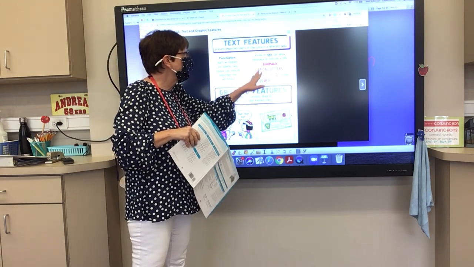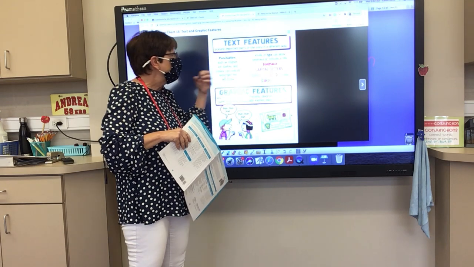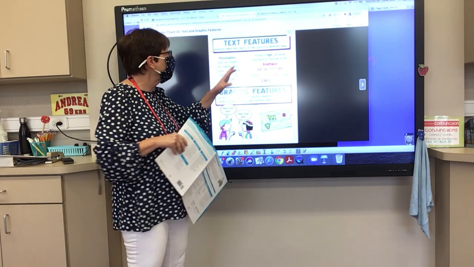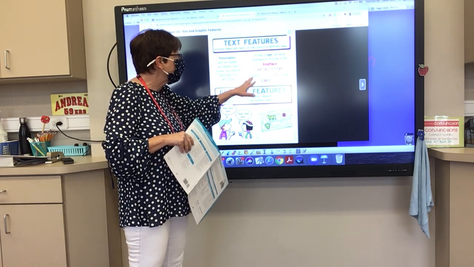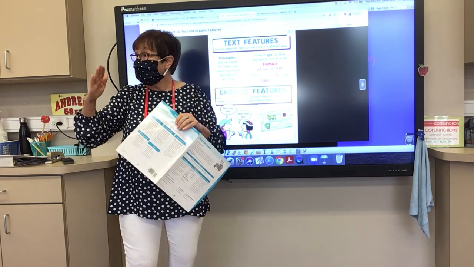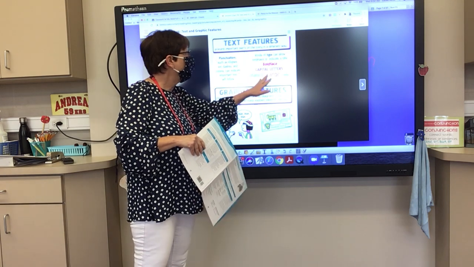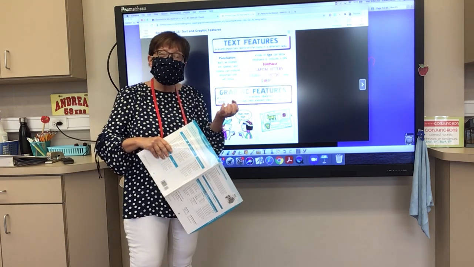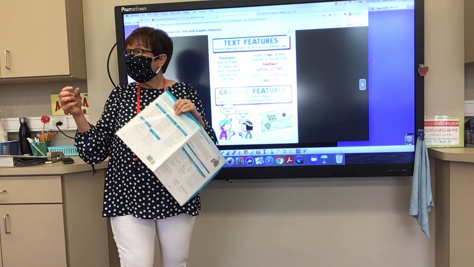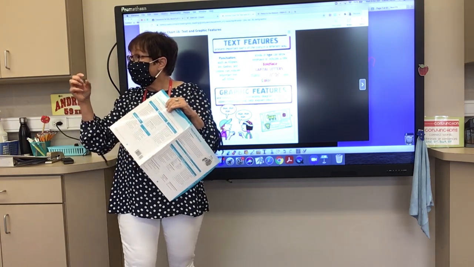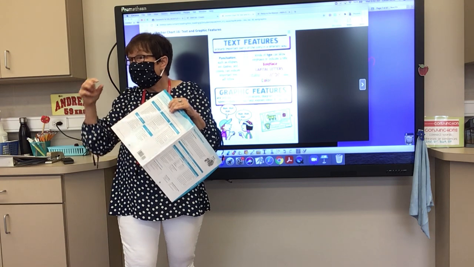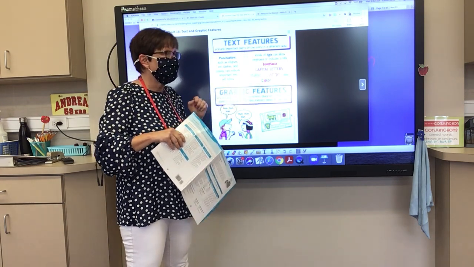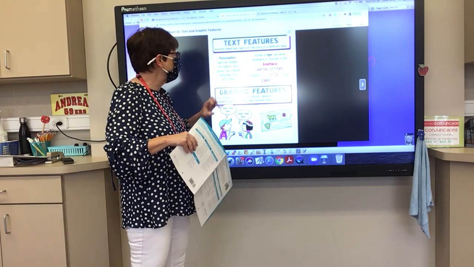Capital letters, if it's written in all capital letters, sometimes that'll show that something's really important or somebody is shouting. We can have italic letters, where it's slanted. Large letters, where something's written larger. But sometimes we have things written in all small letters, and that will mean that a character or somebody who might be speaking is whispering. And then sometimes things are written in color letters. And so those would be text features.